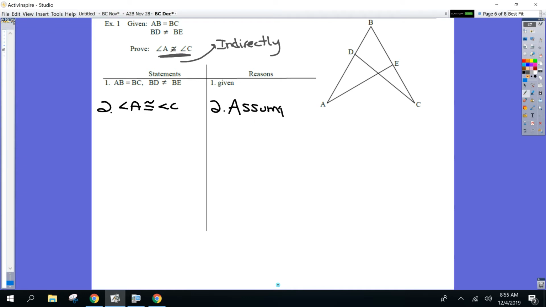We're going to assume that angle A is congruent to angle C. And I want you to be patient and see where that leads us. By assuming that those two angles are congruent, that's going to get me into some dicey territory, a place we do not want to be. So mark that in your diagram. We can treat that as a given, angle A congruent to angle C. And we also have another given we can mark, which was AB and BC are equal.